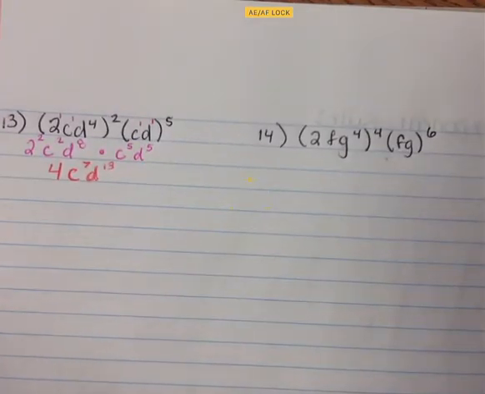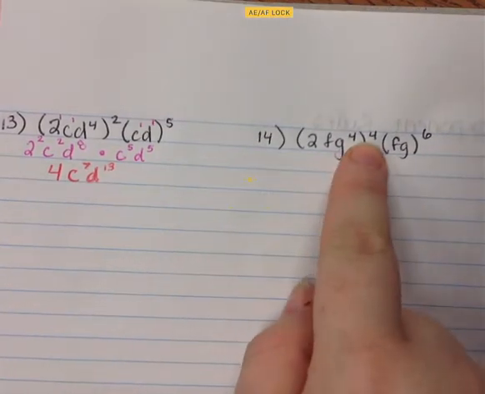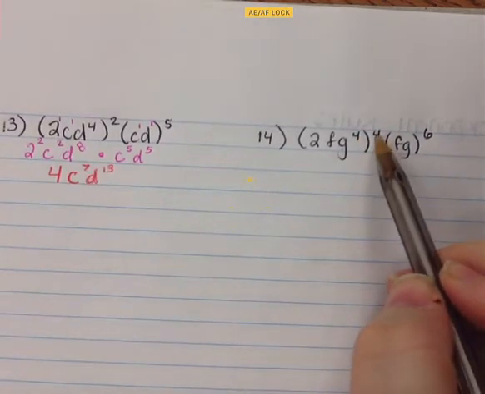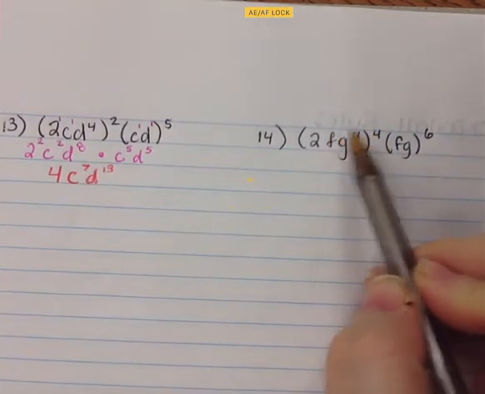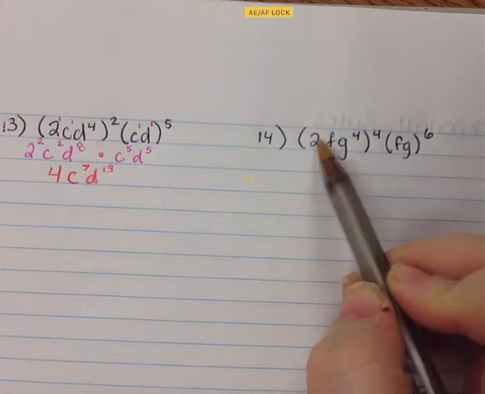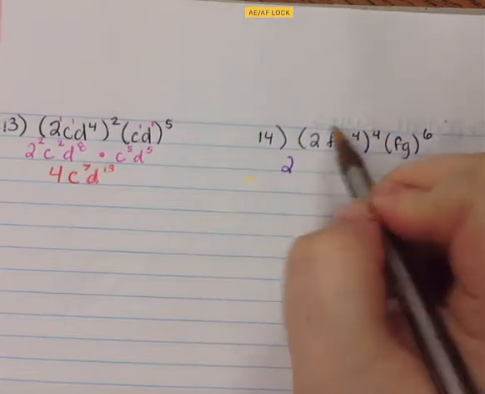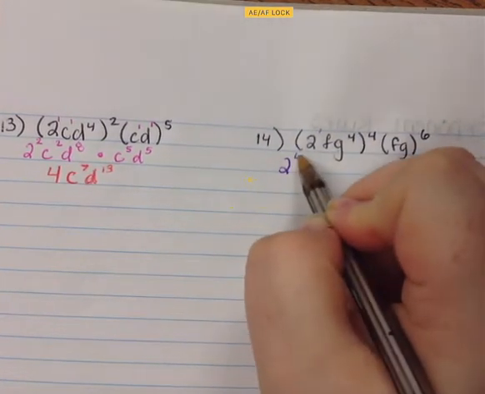So again, we're going to make sure we're careful on our exponents on the outside of the problem. This exponent goes to all of the exponents inside, so that includes all the bases, 2, f, and g. So this becomes 2 raised to the 1 times 4 is 4.